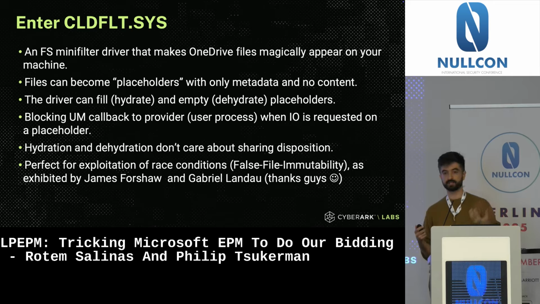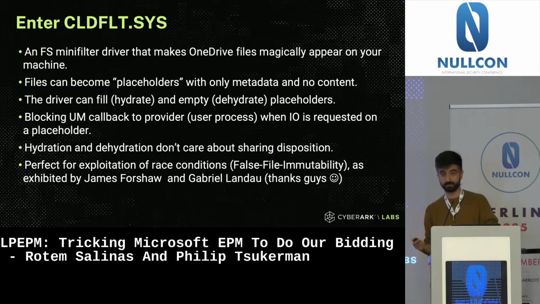A user mode provider process can be responsible for a folder that you own, and every time a placeholder in that folder receives an IO request, you get a callback in user mode that tells you, hey, this file is getting read, and this range in the file is actually unavailable. The bits just don't exist on disk. And then you can provide those bits.